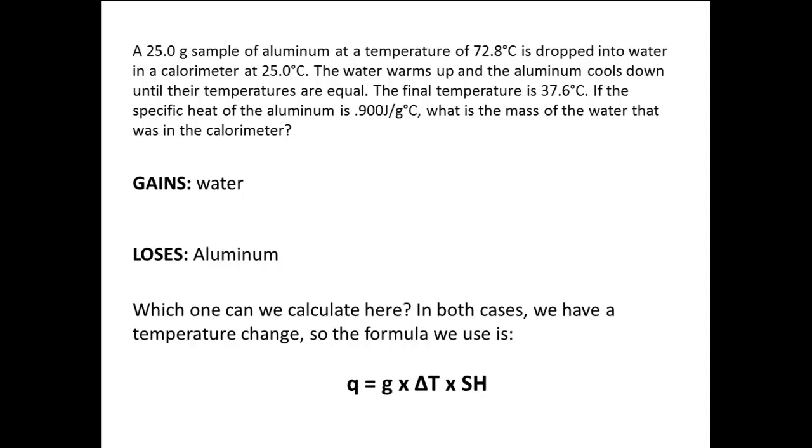So the formula we use is Q equals grams times delta T times specific heat. Here we have the two formulas written with subscripts indicating that one is for water, but the other is for aluminum.